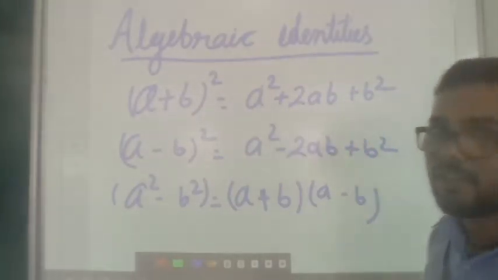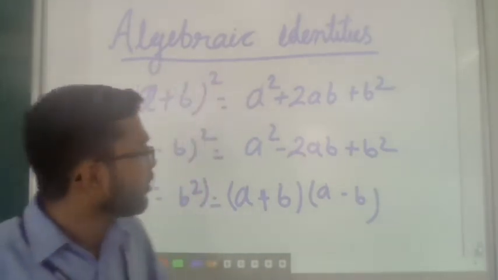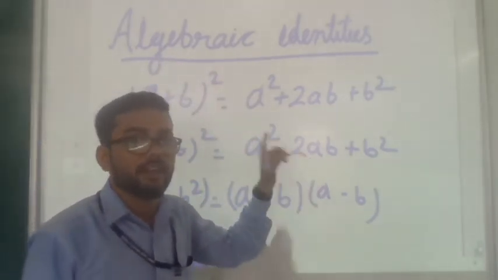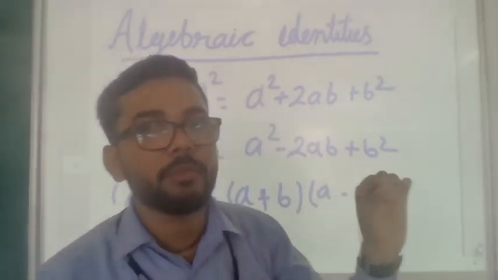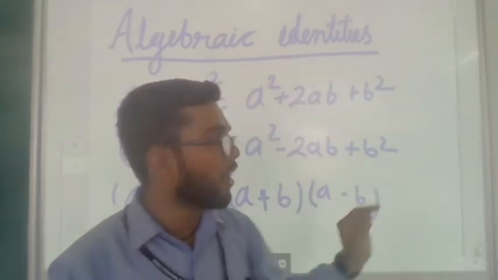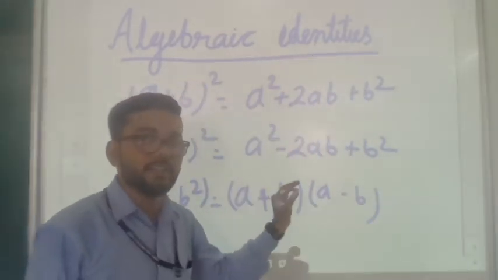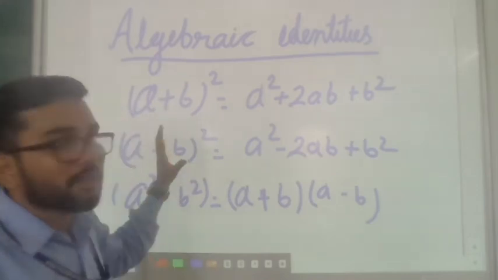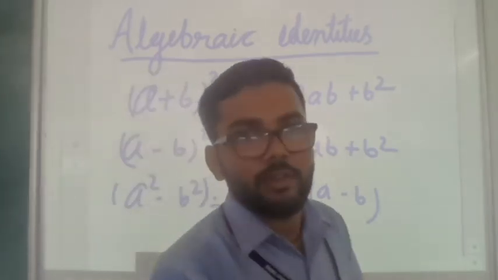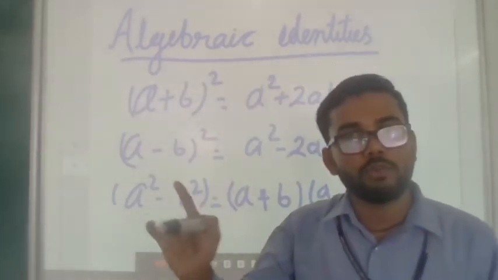These all are variables and all the powers of these variables are whole numbers. Whole number means all the powers are non-negative integers. Whole numbers are 0, 1, 2, 3, 4, 5.